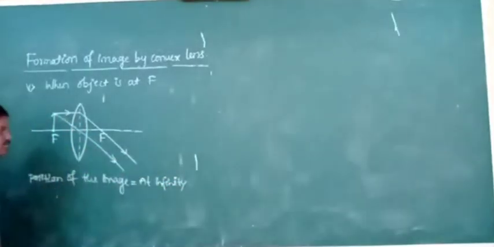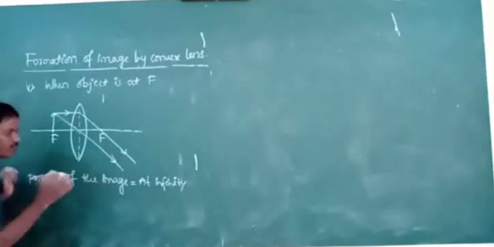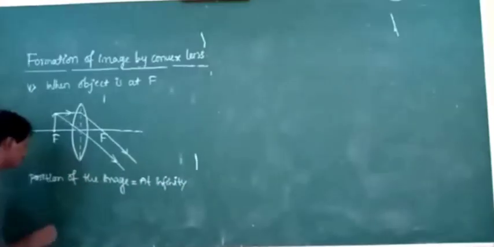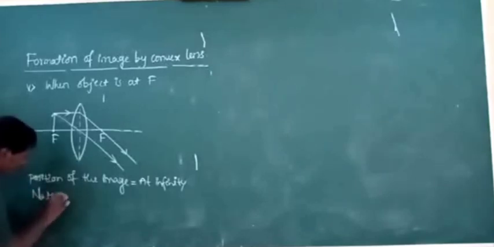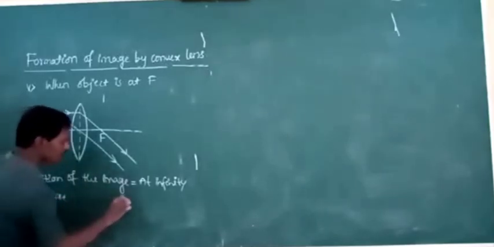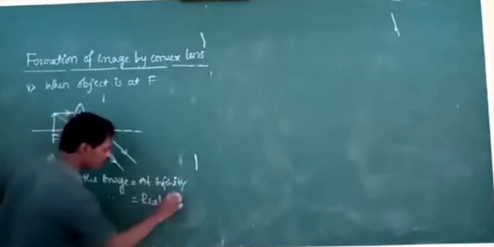The parallel rays will meet at a very large distance, and that large distance can be taken as infinity. Then what is the nature? The nature of the image is real and inverted, because the refracted rays are downside here.